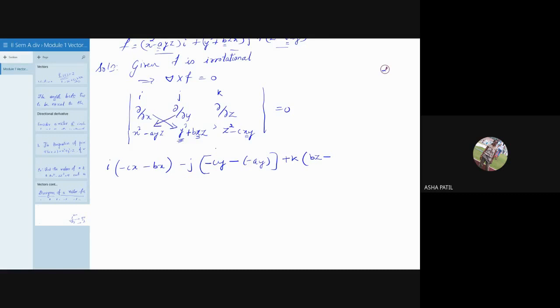What will be the derivative? Derivative of x square will be 0. Derivative of minus ayz means we'll get there minus again az, equal to 0.